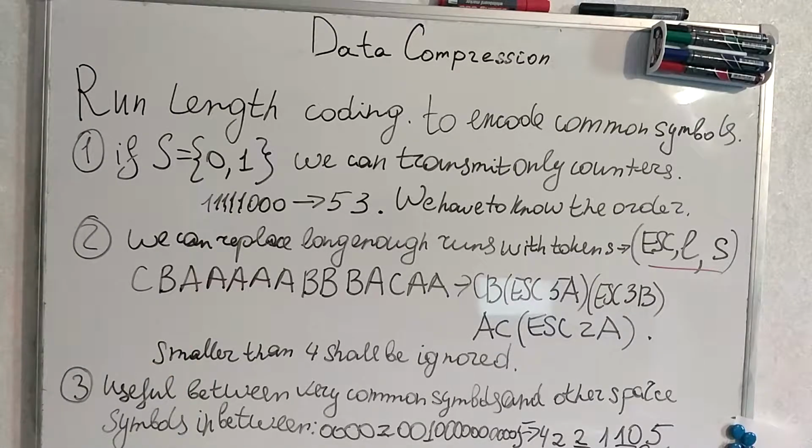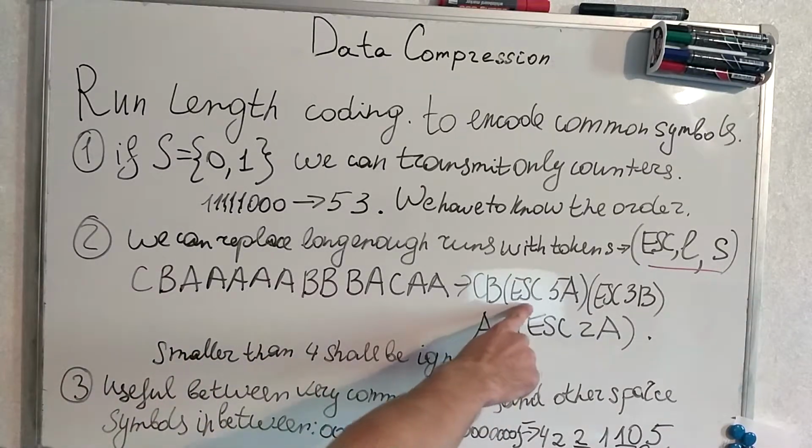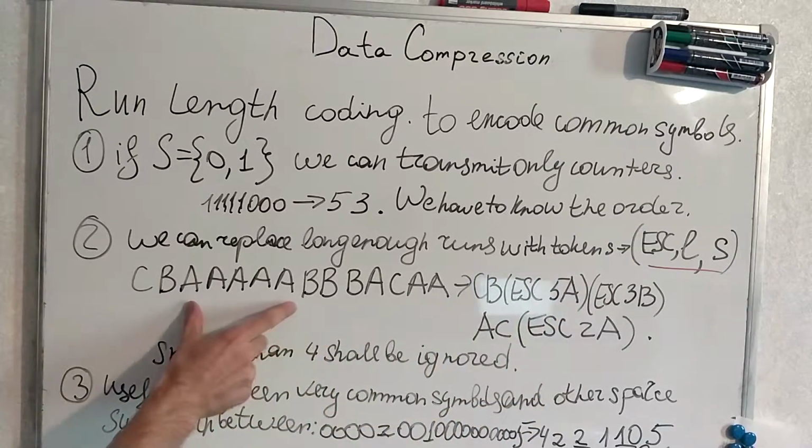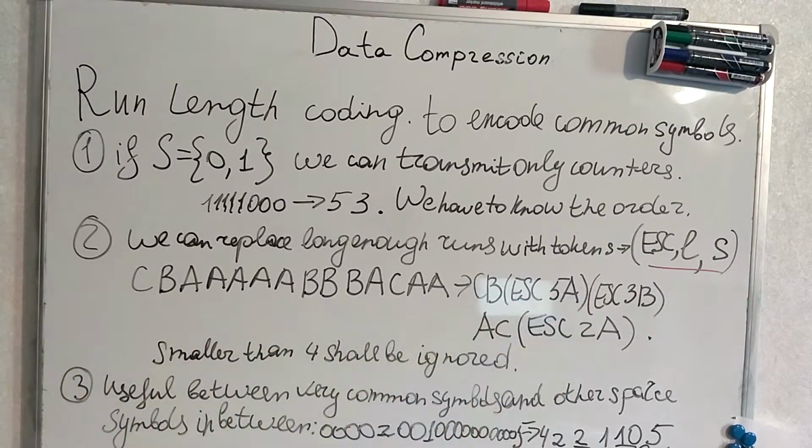We do not encode them because encoding them will take up more space than just transmitting them as they are given. We encode here a sequence of 5 A's, so we encode the escape sequence, 5, because there are 5 A's, and the symbol. In similar fashion we work with the sequence of 4.